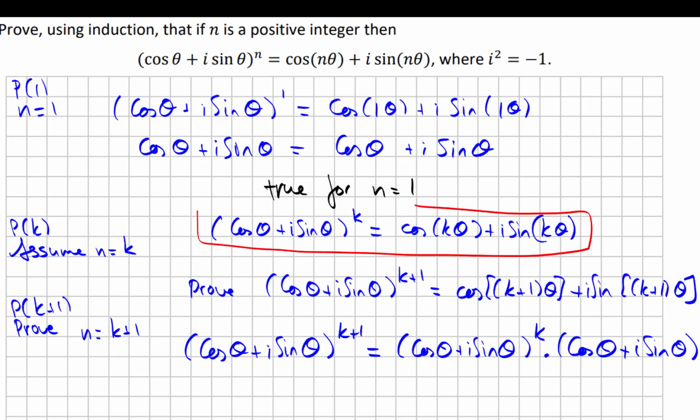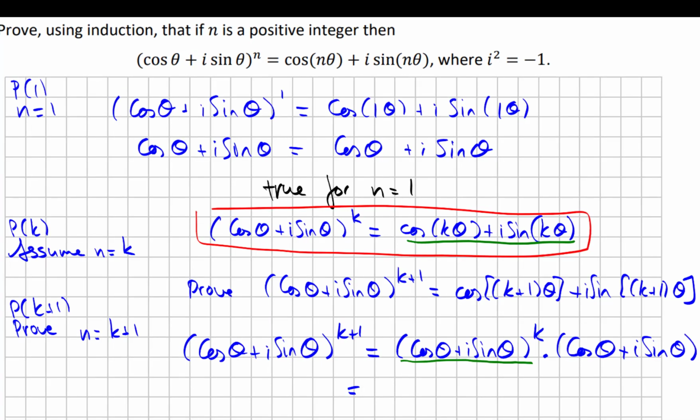Our assumption tells us that (cos theta + i sin theta) to the power of k equals cos k theta + i sin k theta. So I'm going to replace it with cos k theta + i sin k theta, times cos theta + i sin theta.